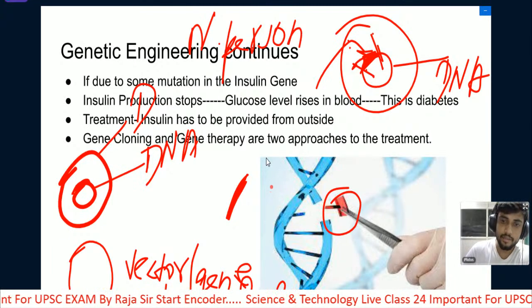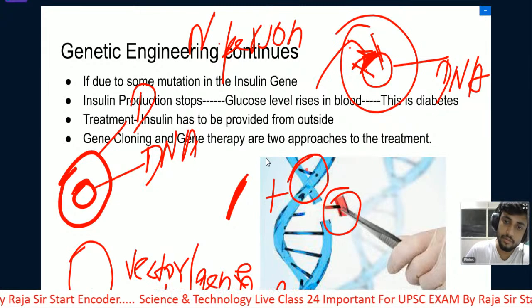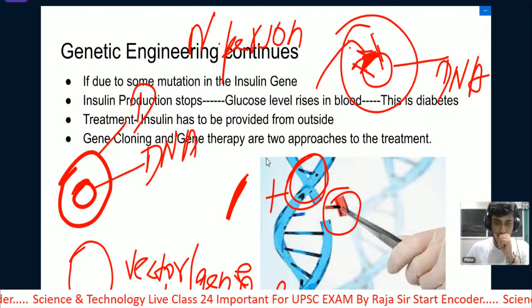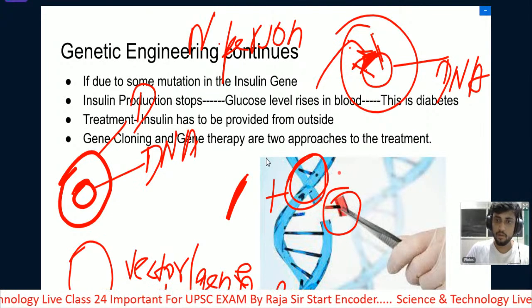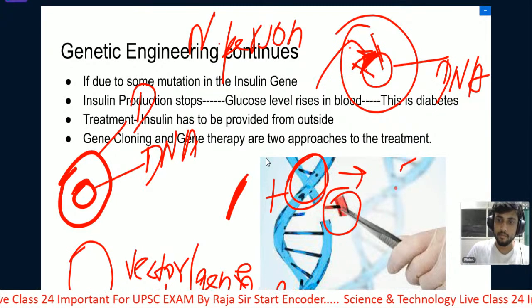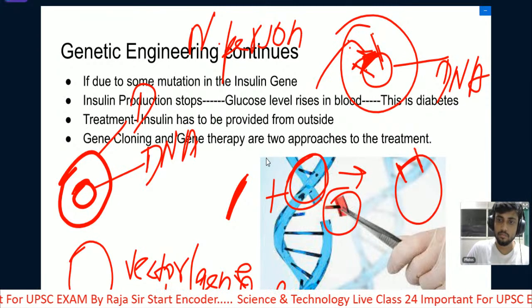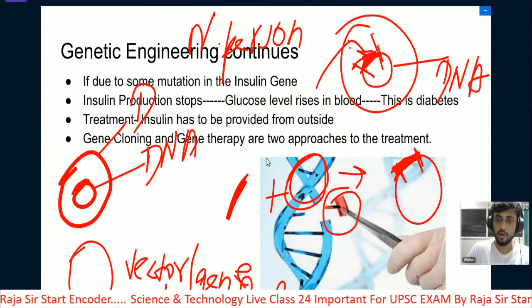Now this gene will be superimposed over this vector DNA. So gene plus gene vehicle gives a new product.